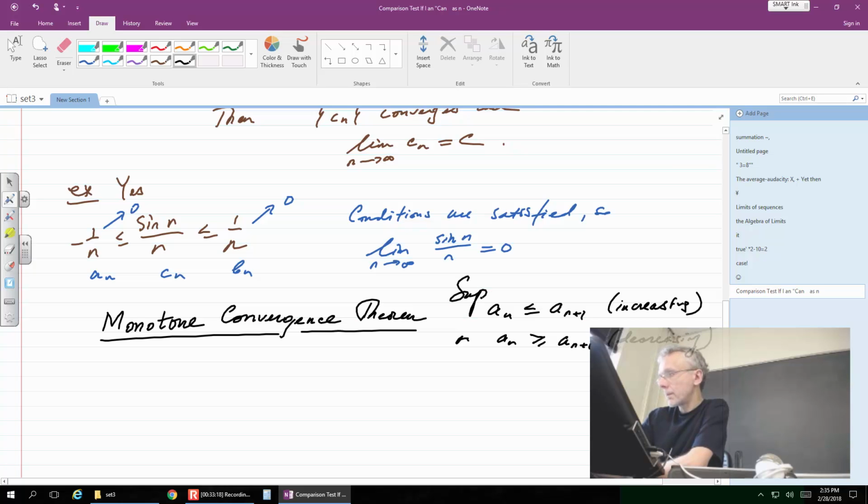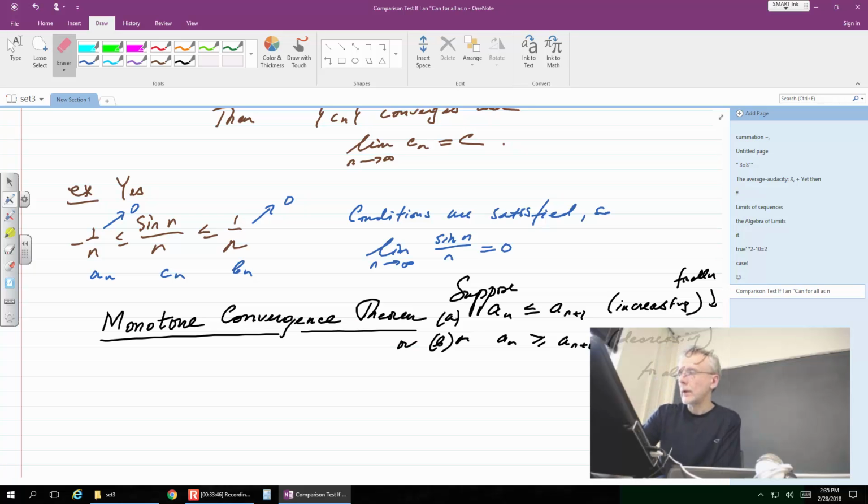So suppose we have a sequence that is either increasing or decreasing, not both, for all n. How should I put it? For all n, we have one condition or the other satisfied, so say A or B. Okay, that's better.